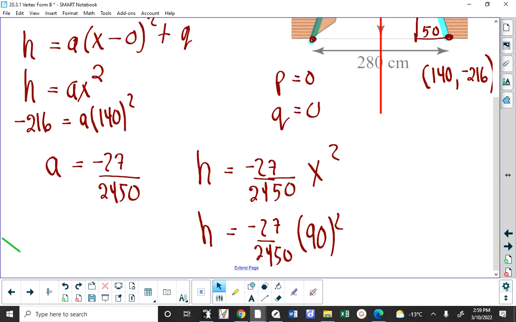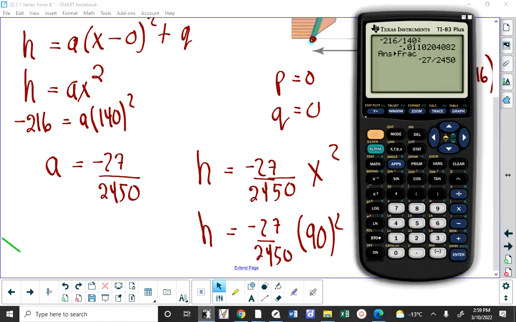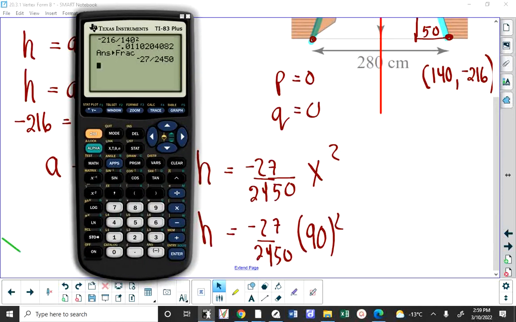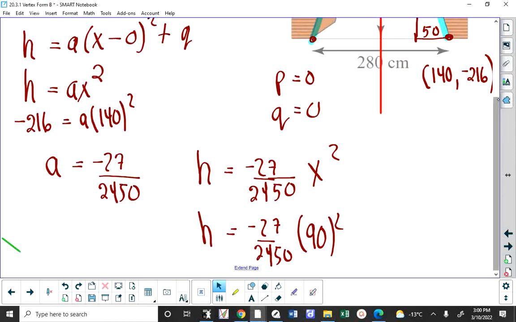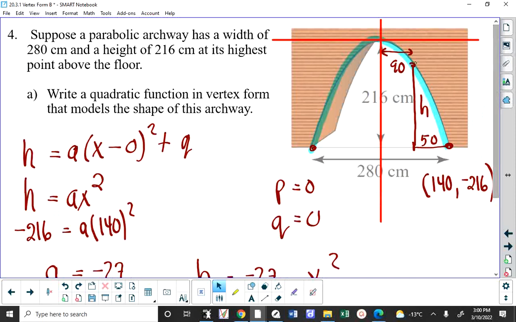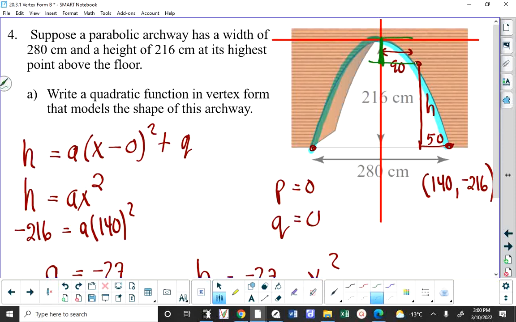If you start talking about design and construction and architecture, let's figure this out and then I'll make my point. We're going to take that number times 90 squared. First of all, it's negative because what that is, everyone, is this distance.